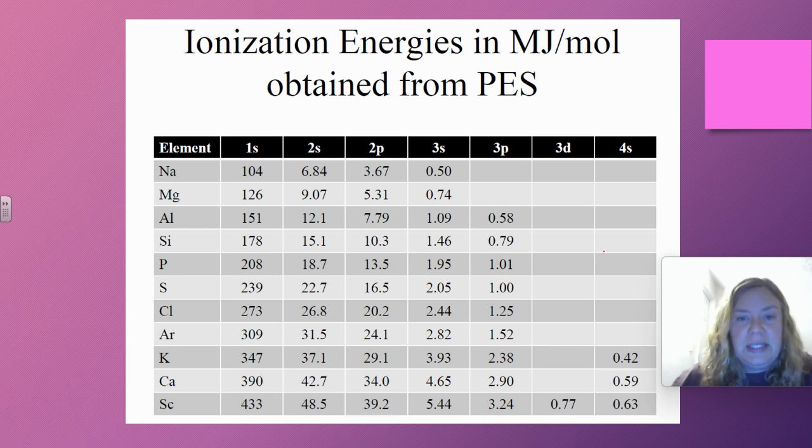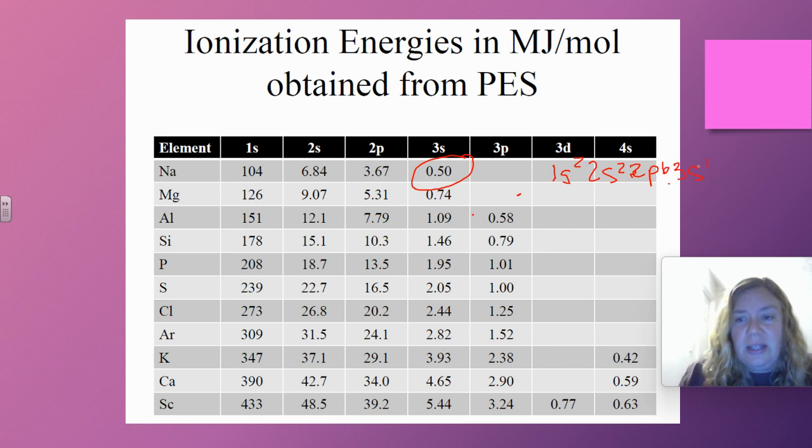In particular, I want you to look at sodium. If you look at sodium here, you'll notice that the 3s has a much lower ionization energy than those inner core electrons. Let's think about the actual electron configuration. I have 1s2 for sodium, 2s2, 2p6, and 3s1.